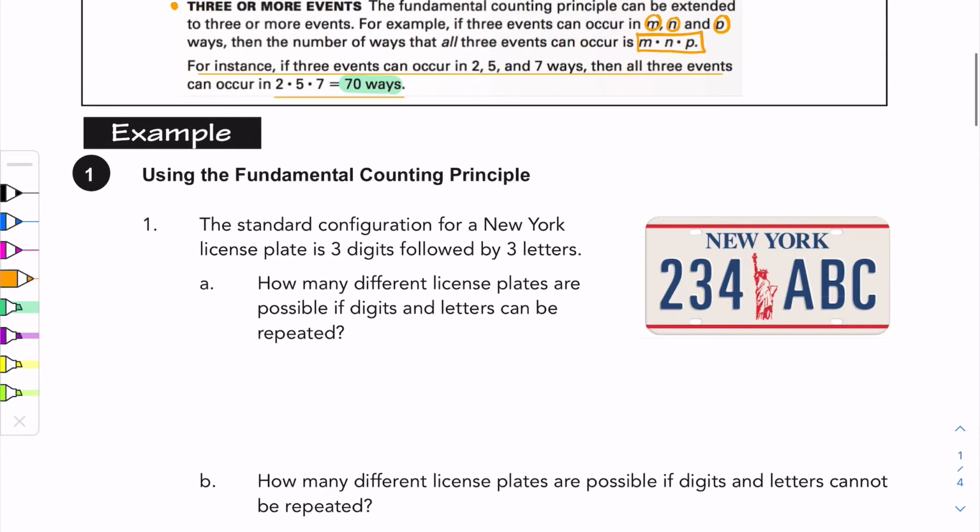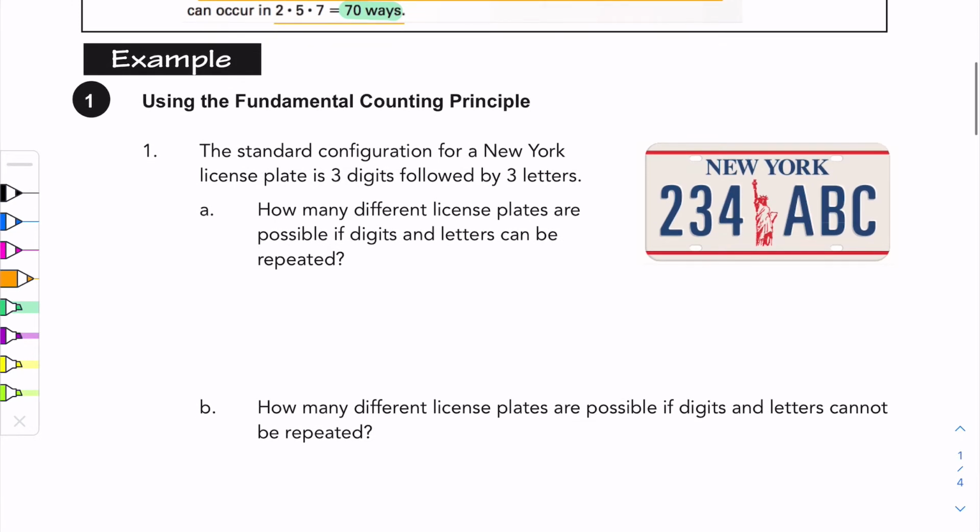So we need to look at the options here. If the first 3 values are digits, you have a choice of 0, 1, 2, 3, 4, 5, 6, 7, 8, 9. So there are 10 choices for each digit: 10 choices here, 10 choices here, and 10 choices here.